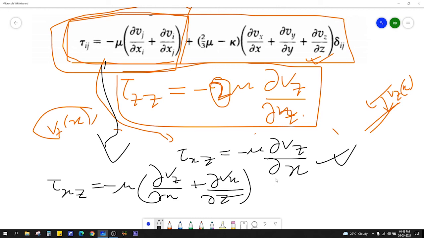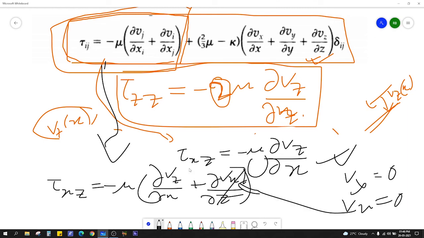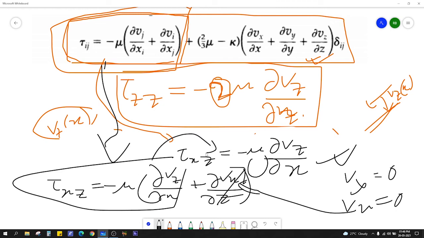So in that falling film problem, I explicitly told you that there is no flow in the y direction, and no flow in the x direction. So this becomes 0, right? Vx is 0, so only this is left. So that's why we use this one. I hope you have got this formula.